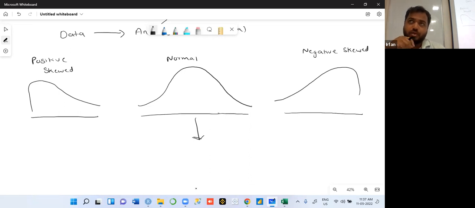That will come later. Everyone write: whether data is normal or not can be defined by skewness.